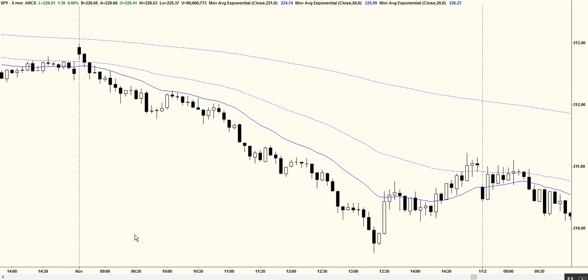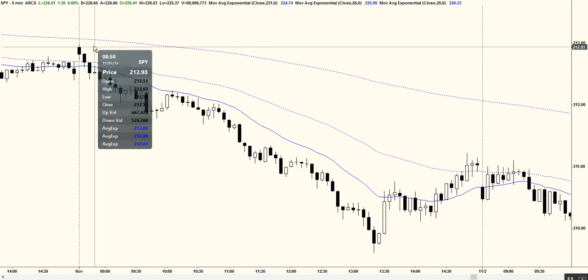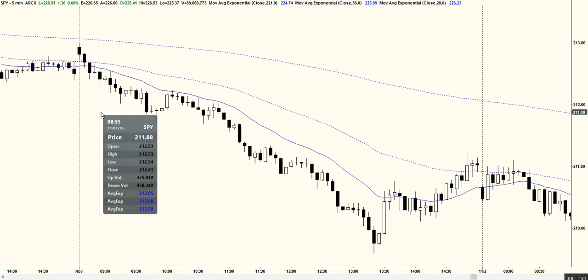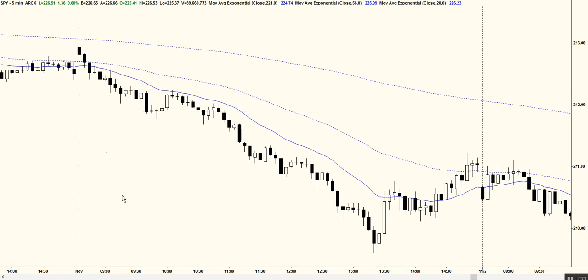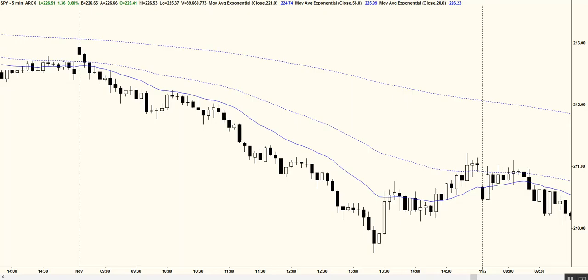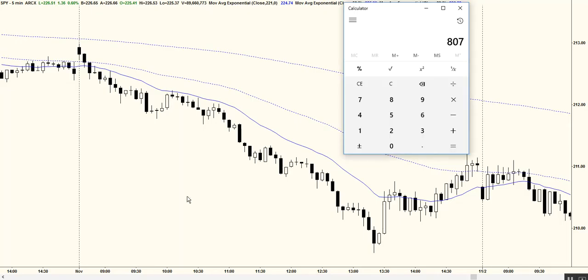The worst thing you can do is, your normal risk, just out of curiosity, this is about $213 to $212. That's about $1.10. So if you're trading a normal position size of 20 mini contracts, roughly 500 shares, it's almost exact.